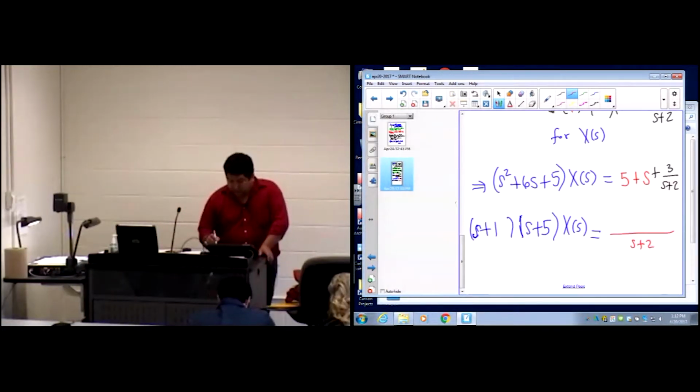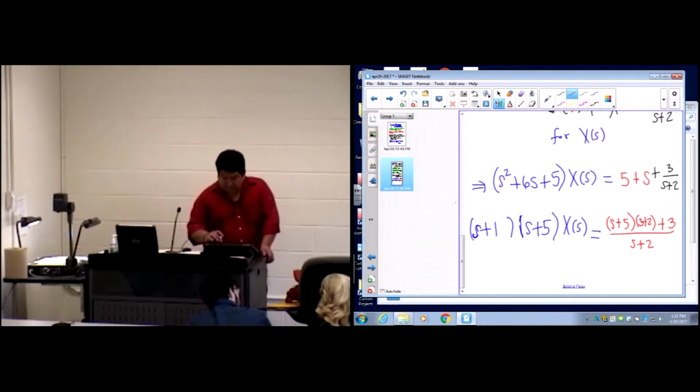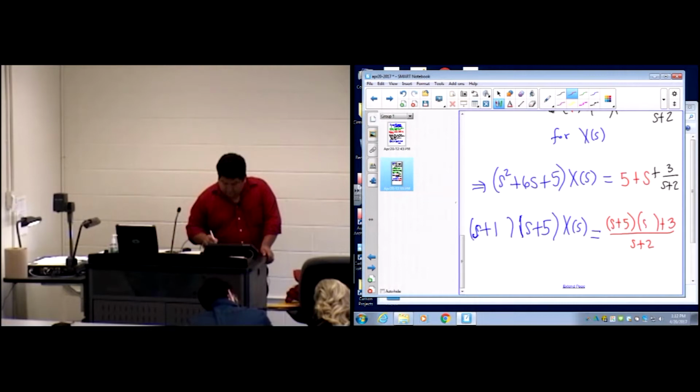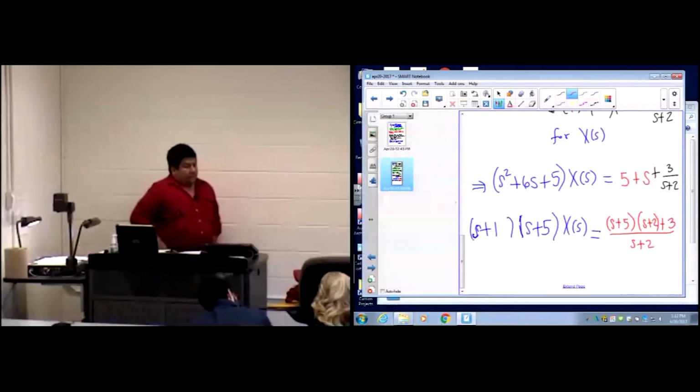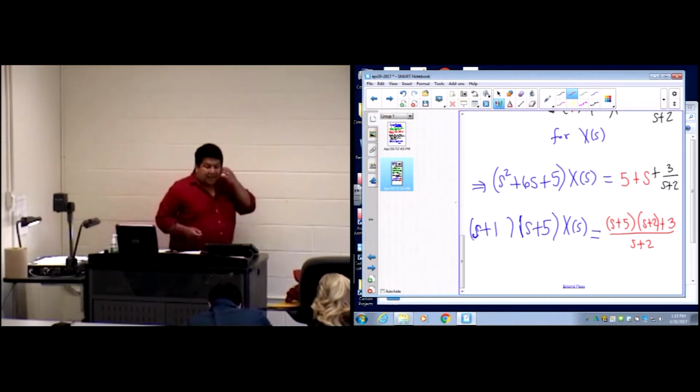So in the next step, we're ready to solve for X. We divide both sides by that quadratic that's multiplying big X, right? So we could divide this side and also this other side, divide that by this S plus 1, S plus 5. And so here we're going to end up with also S plus 1, S plus 5. Okay?